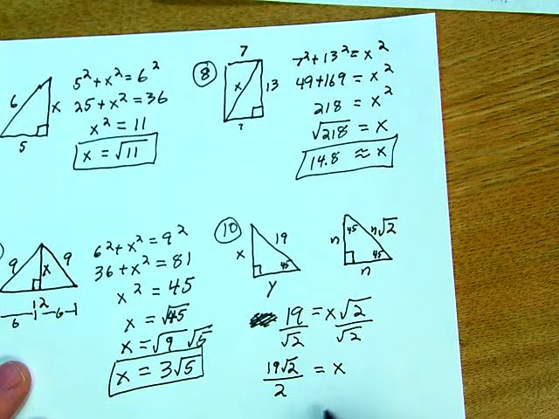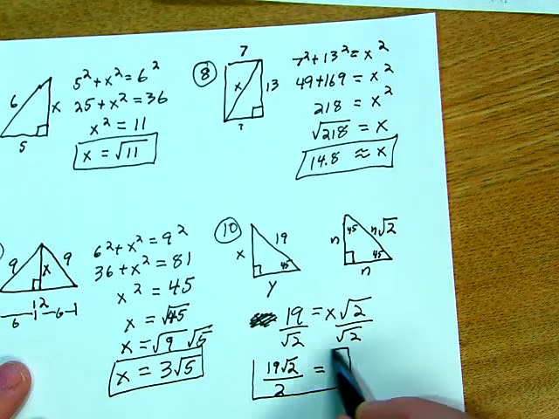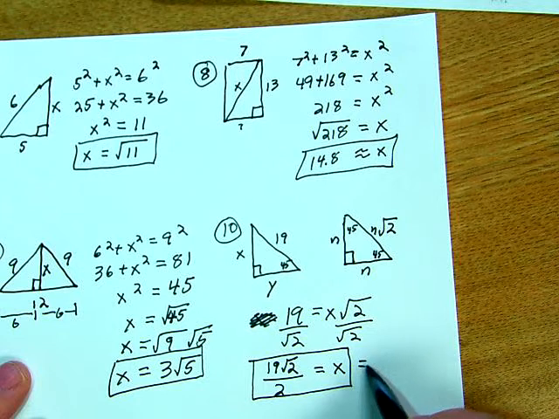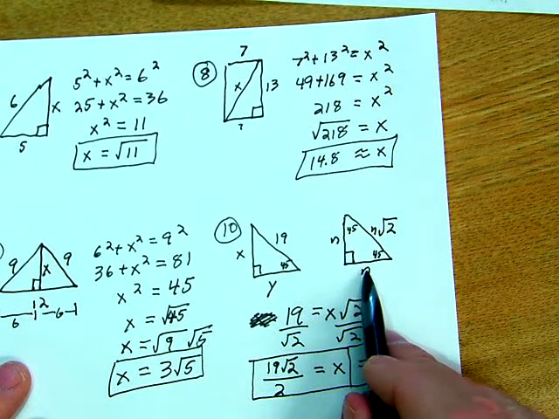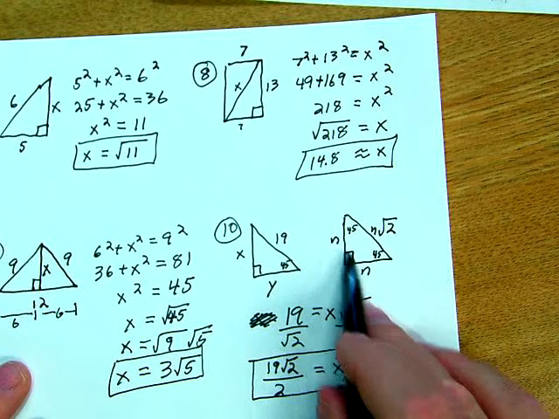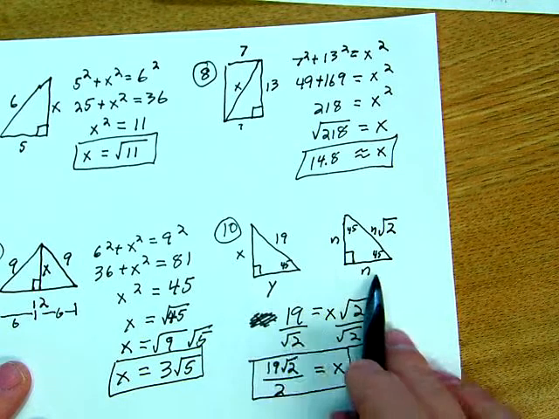And then that is your answer for x. And by the way, it's also your answer for y. And why is that? Because when you have a 90, 45, 45, x and y are going to be the same. They're both the same value.